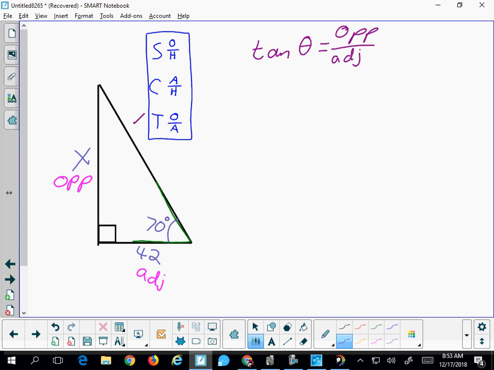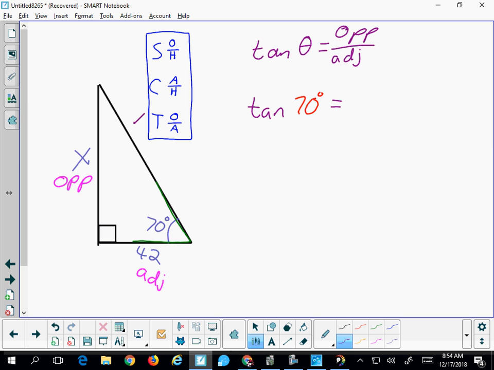So now we fill in everything that we're given. Do we know an angle? 70 degrees, so we fill that in. Let's do this up here so you can see it a little bit better. So let's put my angle measure in red so you can quickly identify what we're filling in.